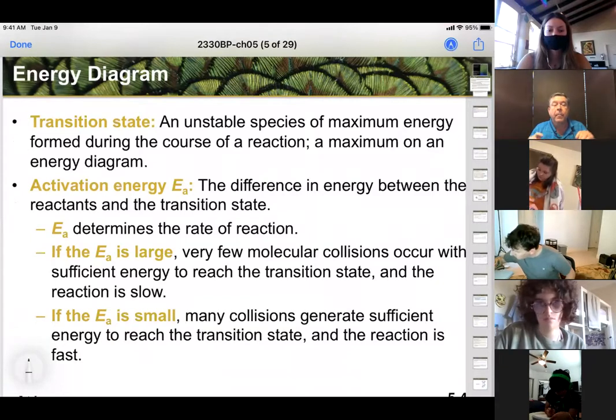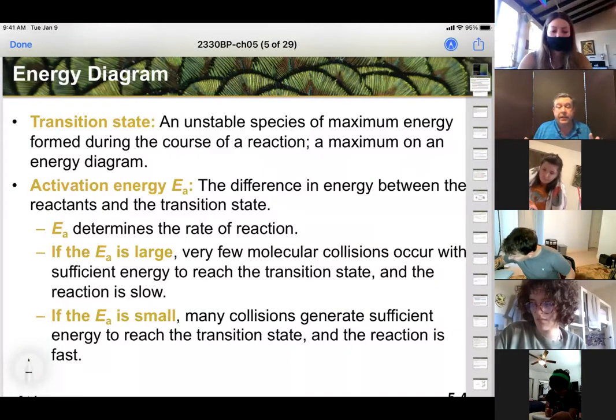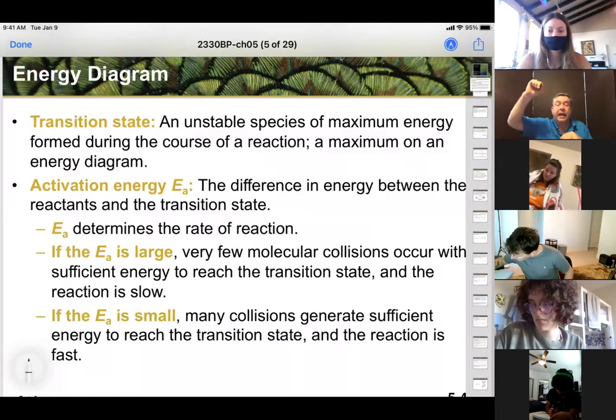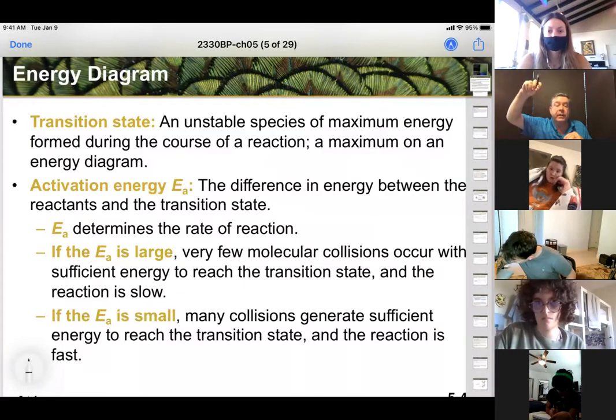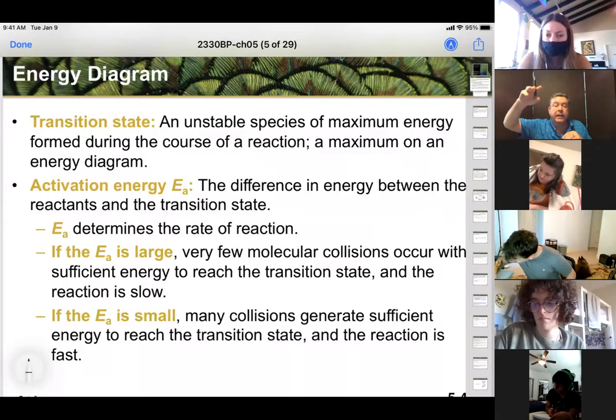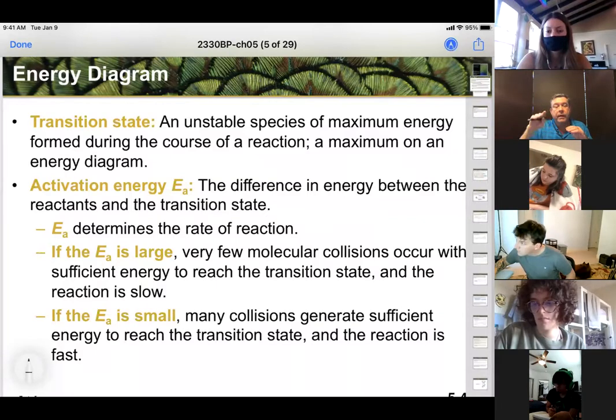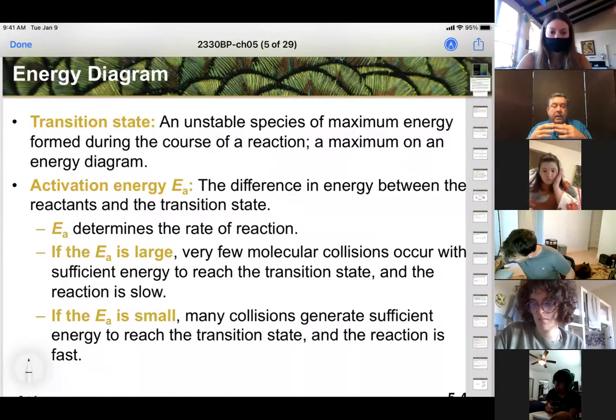Okay. So that activation energy also controls how fast the reaction goes, or the rate of reaction. Now, the way it does that is, if the activation energy is really high, that means very few molecules have enough energy to reach that transition state, and it slows the reaction down. In contrast, if that activation energy is very low, that means a lot of the molecules can get to that amount of energy, and the reaction goes faster.